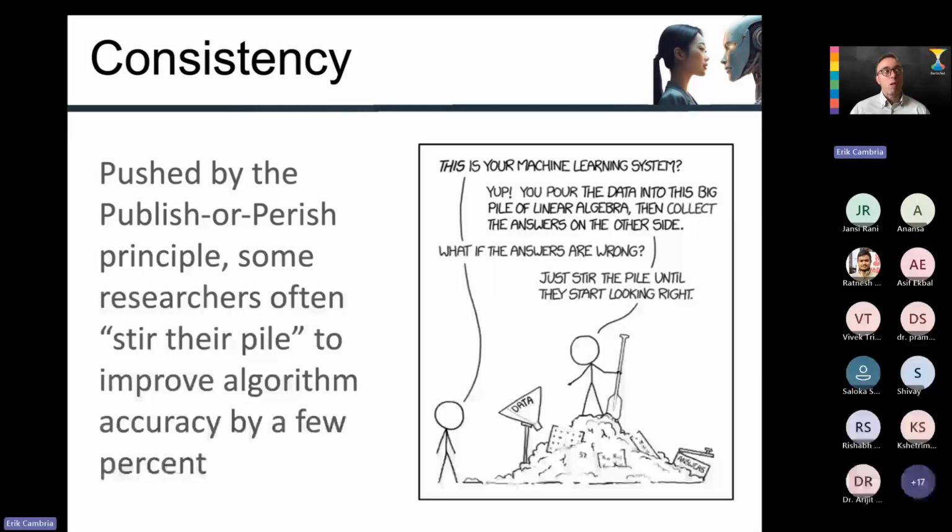Another big problem now that we have bigger and bigger models and deeper neural networks is that you have billions of parameters, and sometimes you just have to change a bit the configuration of the network, or stir the pile, and then suddenly the accuracy will improve and you don't even know why.